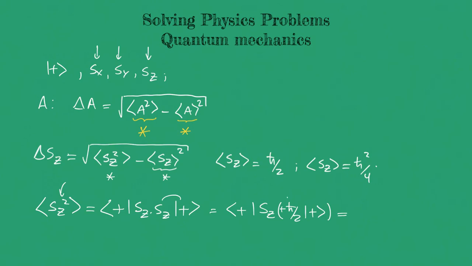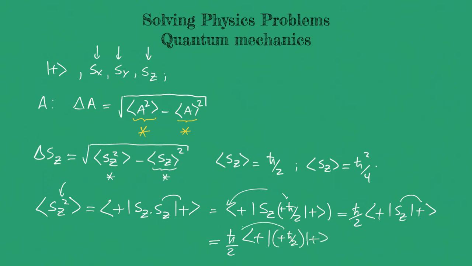I can take this h bar over 2 out of the brackets, then h bar over 2 bra plus Sz ket plus. If you act this operator upon this ket again, we have the same result, plus h bar over 2 ket plus.